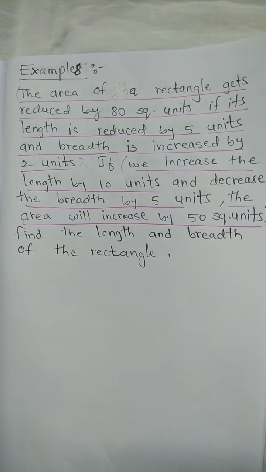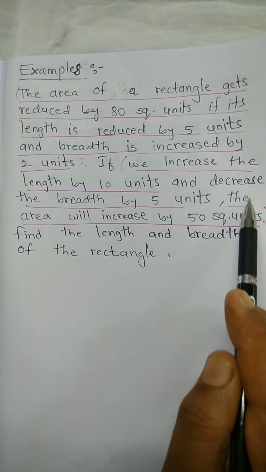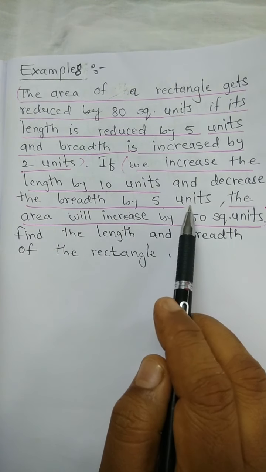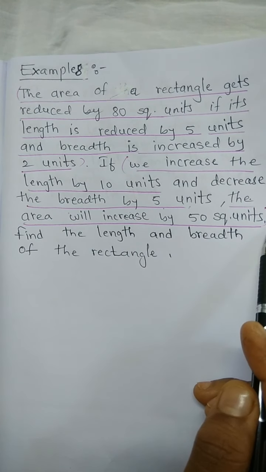Come on, example 8 now. The area of a rectangle gets reduced by 80 square units if its length is reduced by 5 units and breadth is increased by 2 units. This is first condition. If we increase the length by 10 units and decrease the breadth by 5 units, the area will increase by 50 square units.